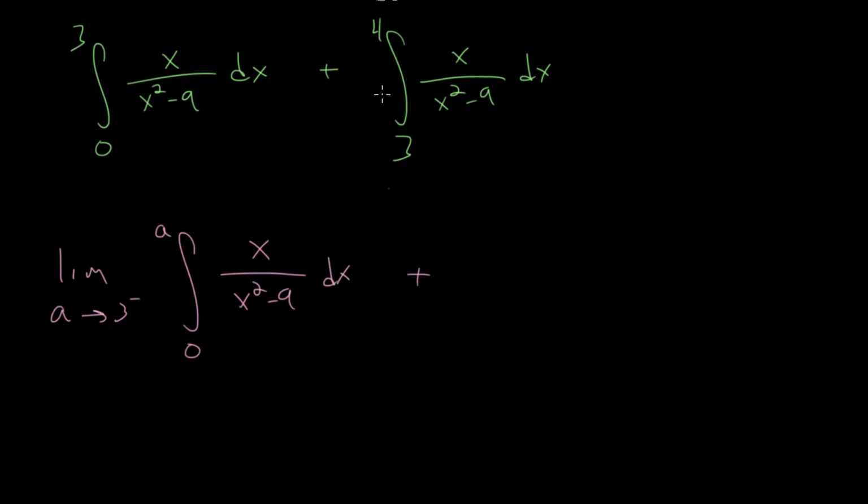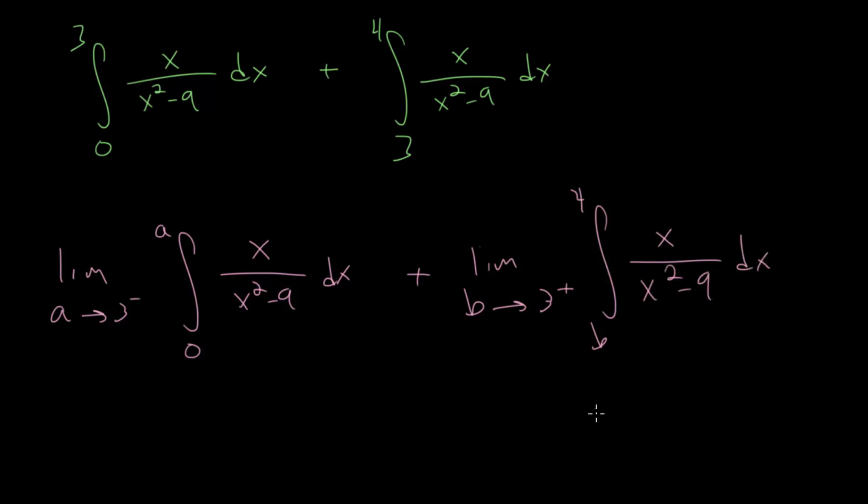And we'll need another limit for this one. So we can use another letter. Let's use b. And we'll say b will approach 3 from the right-hand side of our integral from b to 4 of x over x squared minus 9 dx.